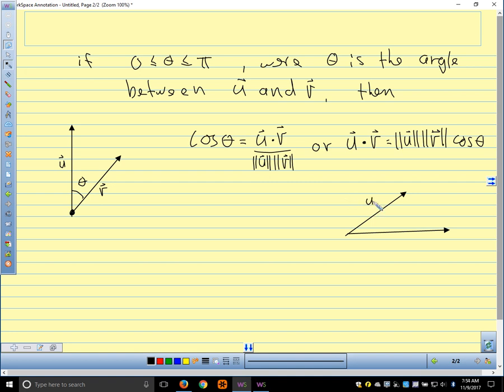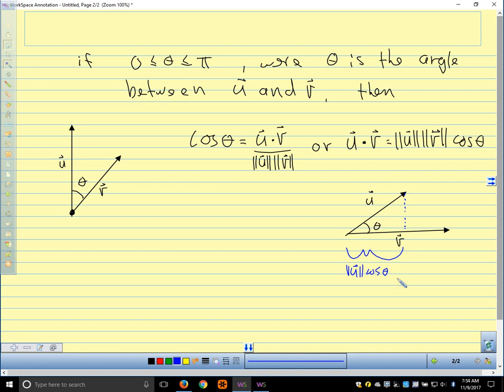If this is U and this is V and this is theta, and we project this down here, this length is the magnitude of U times the cosine of theta, from this little right triangle.